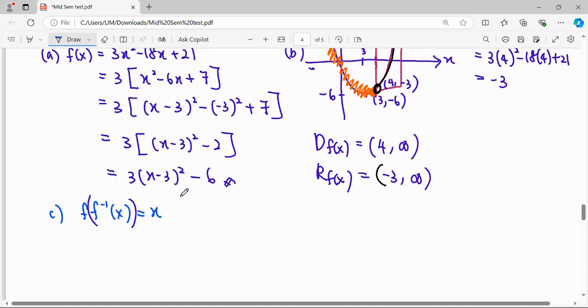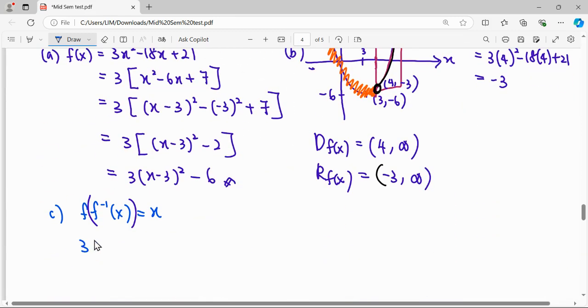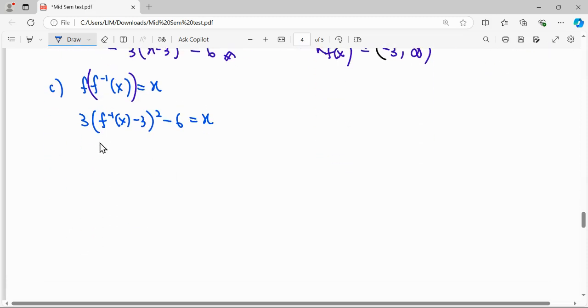The function we use here is the completed square function. Therefore, we'll have 3 times (f inverse x minus 3) squared minus 6 equals to x. We try to remove everything until we get this f inverse. Firstly, we plus 6, then we divide by 3.